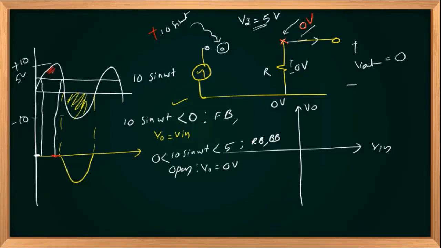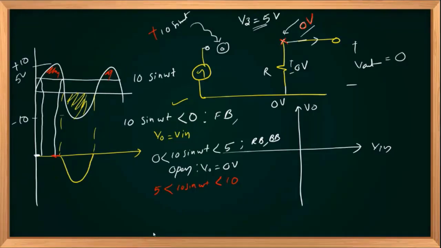When input is in this region, greater than 5 and less than 10, it is in reverse bias mode and it breaks down. The diode breaks down, right?